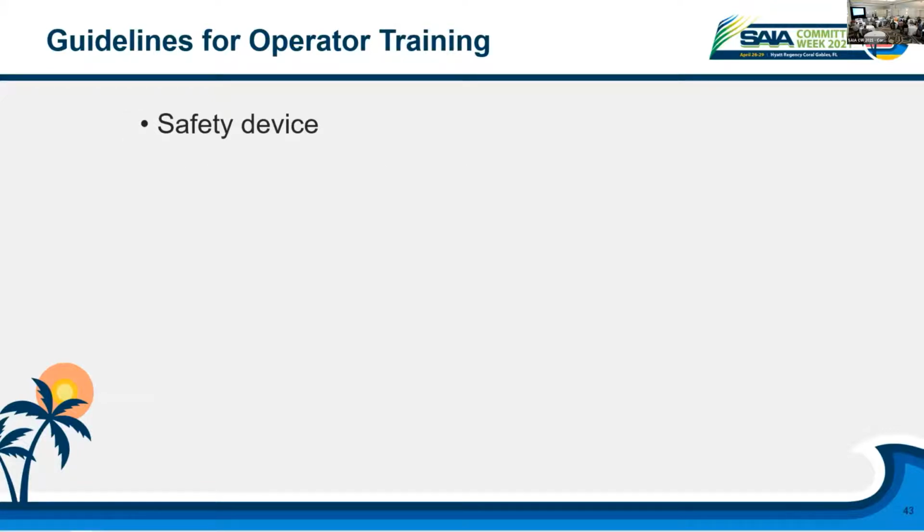Let the operator know what the safety device does and when it might become engaged, what to do if you believe that the safety device is engaged. Right. If you're in a loss of power situation and you need to use a manual descent to get to a floor to offload the elevator, you want to make sure that you're not engaging the safety device.